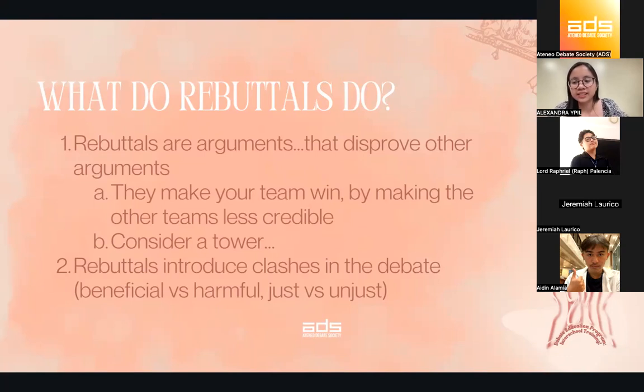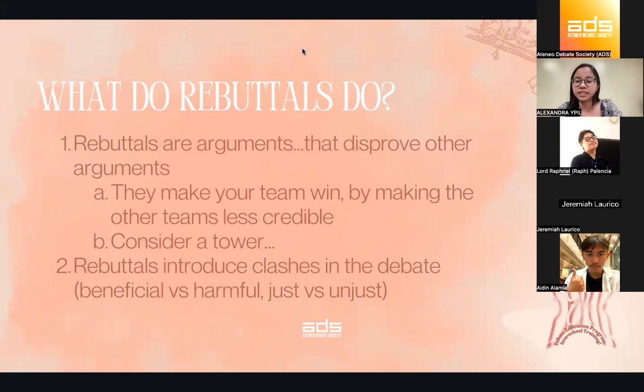Rebuttals are like wrecking balls or people in a demolition squad. And essentially what you do is lessen the tower by destroying the points. At the end of the debate, even if both teams build their arguments well, rebuttals help judges compare by seeing which towers are shorter.